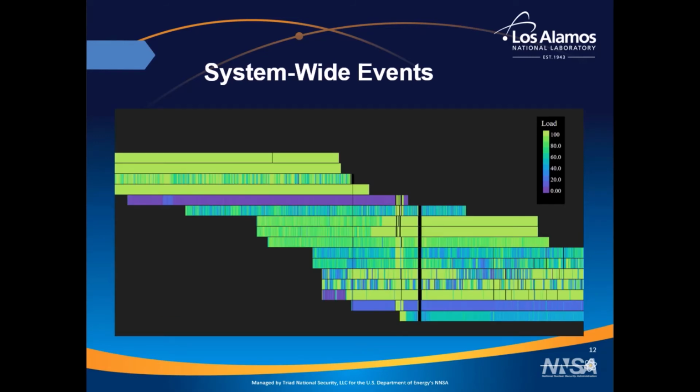So after discovering that one example of what looked like a system-wide blip, we decided to look through the data for other examples, even looking across multiple users and multiple job types, to see if there's anything affecting really the whole system at a point in time.